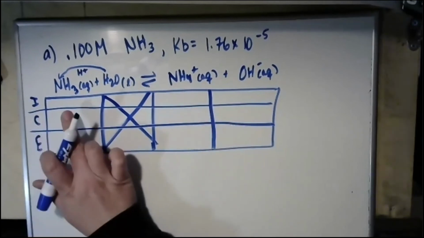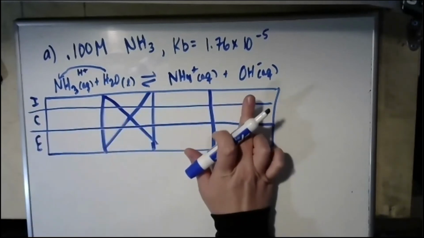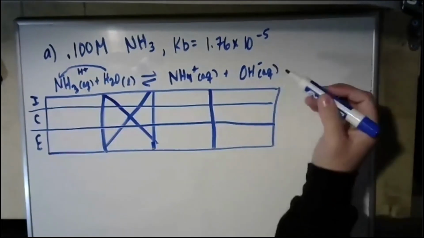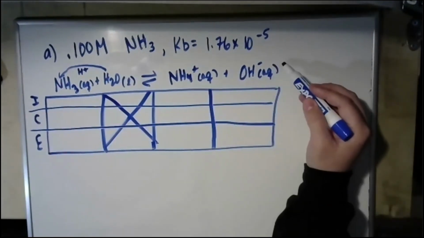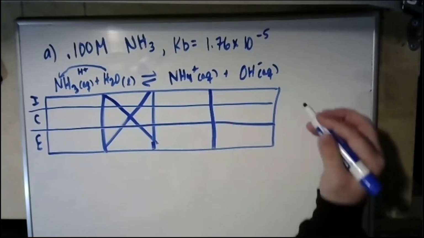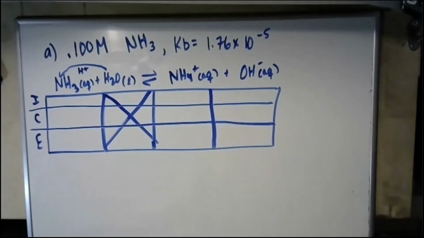When we have a weak base reacting with water, we're going to end up producing hydroxide ion. When we have hydroxide ion as one of our products, instead of using a Ka value to solve for our concentrations, we're going to use a Kb value.